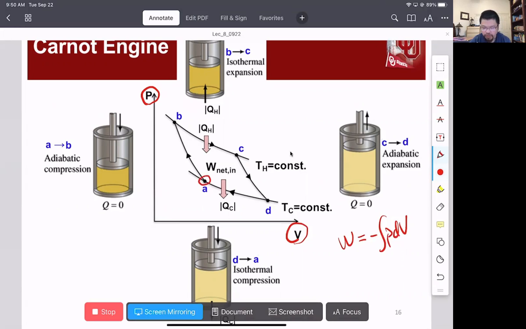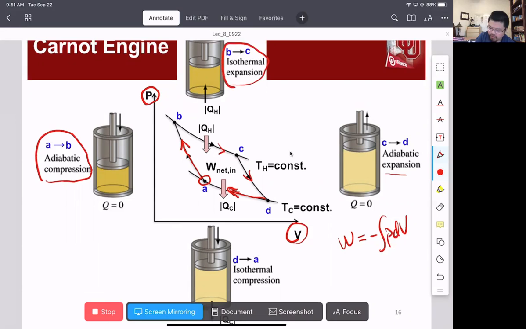Suppose we are walking from A to B, then you can see that this is a clockwise change. On the next slide, we are going to talk about the reversible Carnot cycle, which is not the heat engine, but the refrigerator type of process. Number 3, we need to take a look at the requirement of each unit.